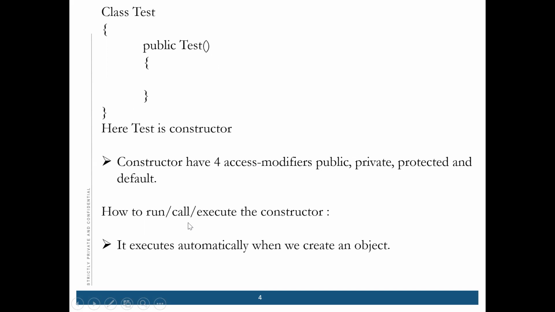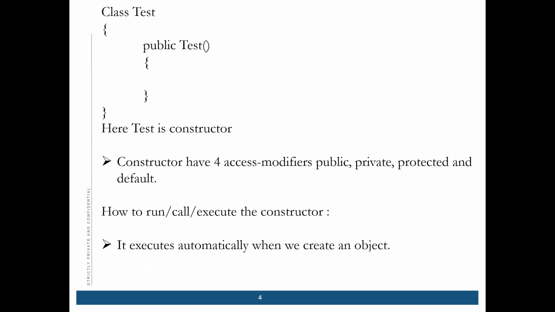How you can call or execute the constructor, that we will learn. It executes automatically when we create an object. As soon as you create an object, it will execute. Why? Because we have already called it, right? When we are creating an object, you remember what we do? Class name, object equal to new, and then the constructor.